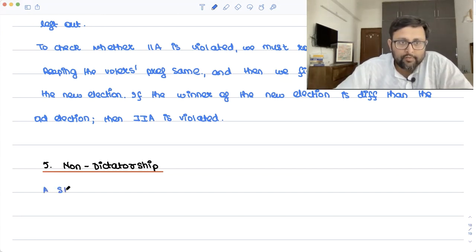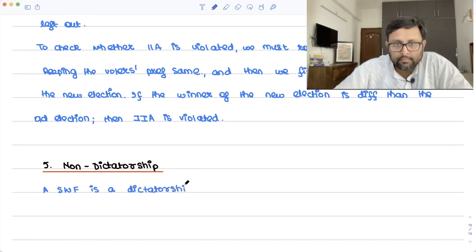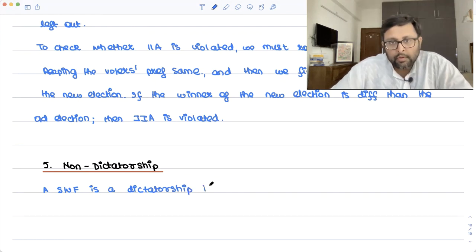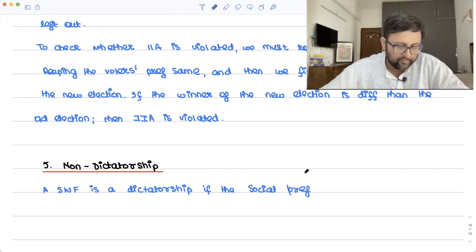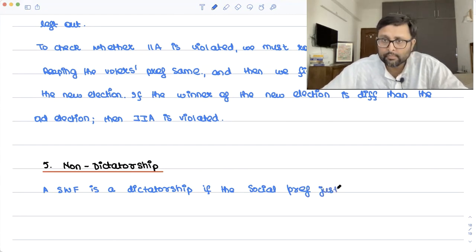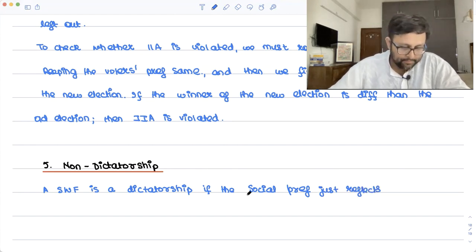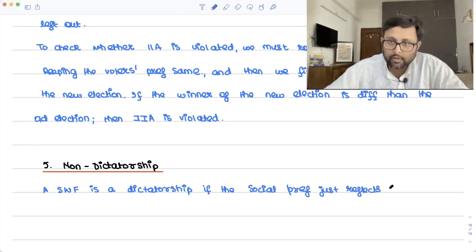So a social welfare function is a dictatorship if the social preference just reflects one individual's preference.